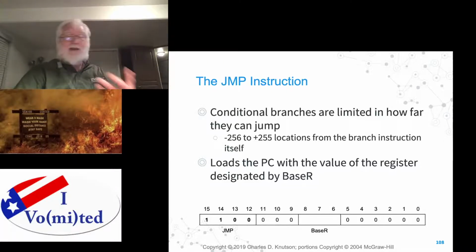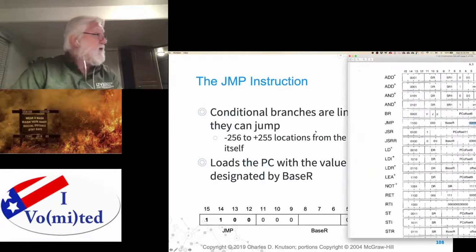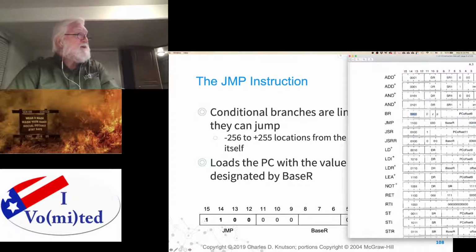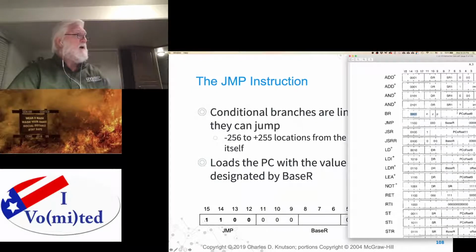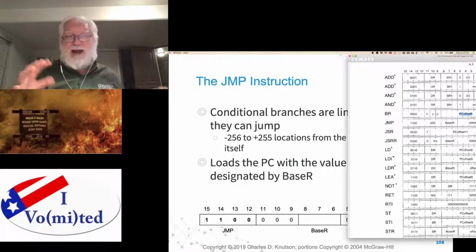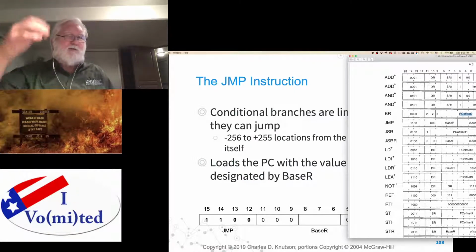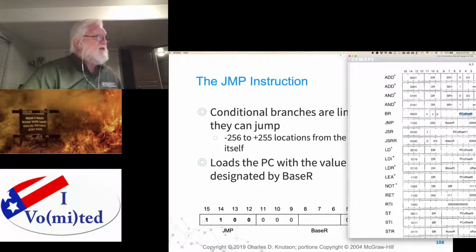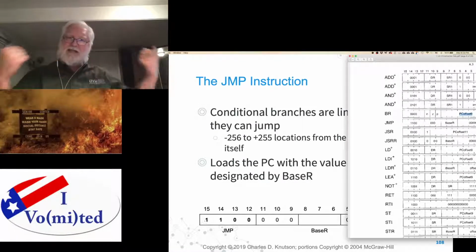Why is this a thing? Well, all the conditional branches, if we go back to the branch instruction right there, which is the conditional branch, I can make that an unconditional branch by putting all these as ones. But I'm limited to 9 bits, so plus or minus around 256. It's plus 255 and negative 256. There's 512 different possible values, about 256 to either side.